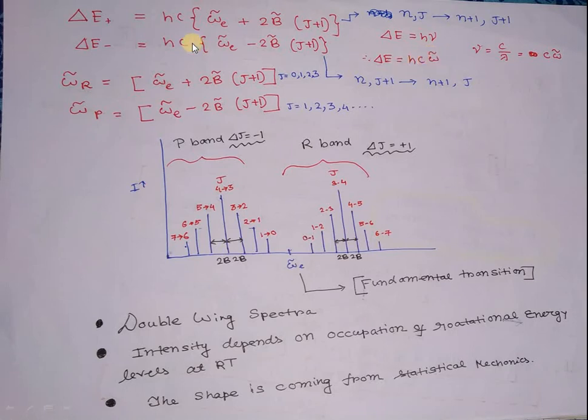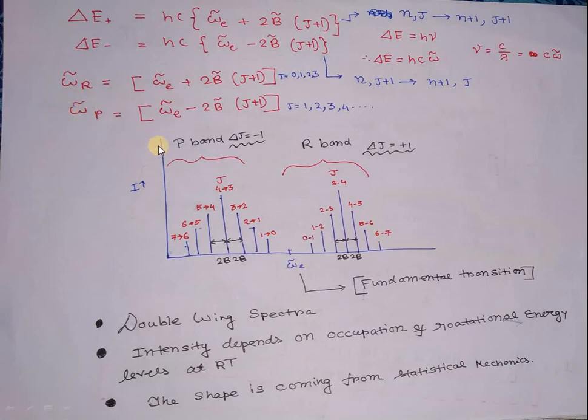Now hc is a common factor in this equation also and here also, so this hc will be cancelled out, and this is basically the wave number of the transition between these two states. The corresponding wave number of the transition will be this one, and from these states to these states the corresponding wave number of the transition will be expressed as this one.